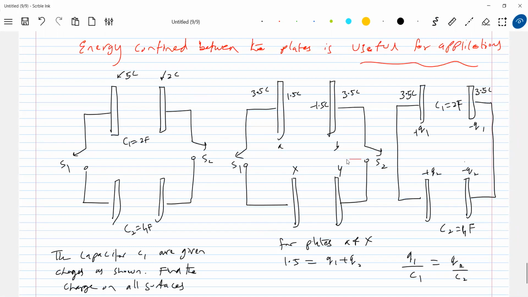Okay, now you can say that only 1.5 coulomb of charge will be shared. So what is the basic idea here?